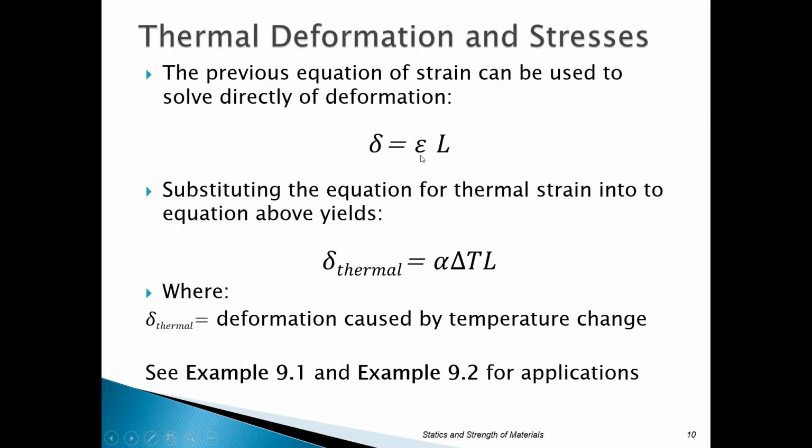Taking the thermal equation for strain, which was alpha delta T, we plug that in, and we get thermal deformation is equal to alpha delta T L. This is going to be a pretty common equation that you'll use. So the delta thermal is your deformation caused by a temperature change.